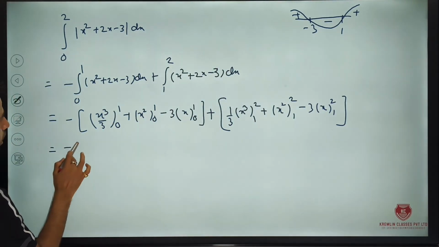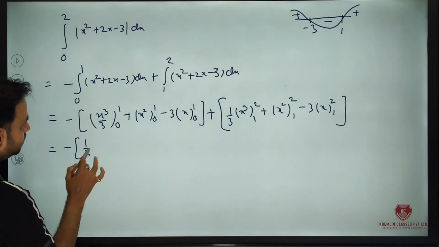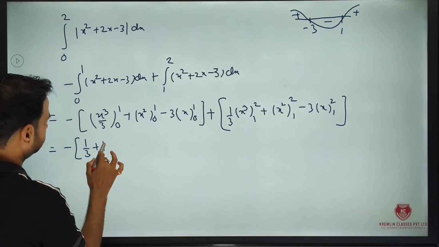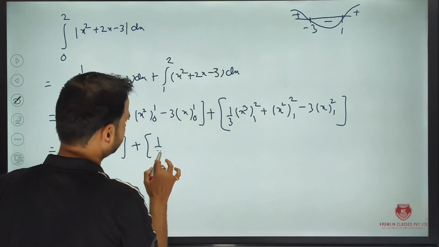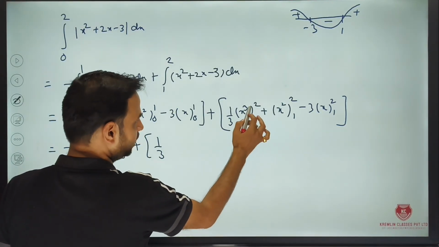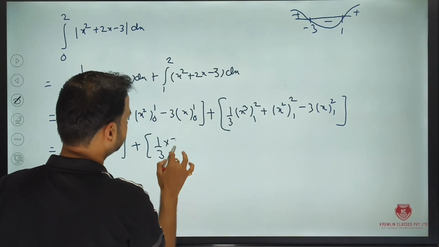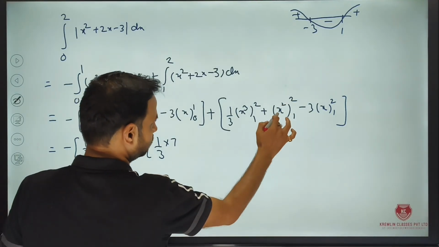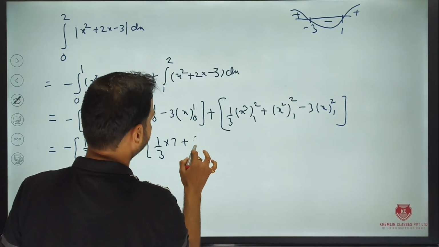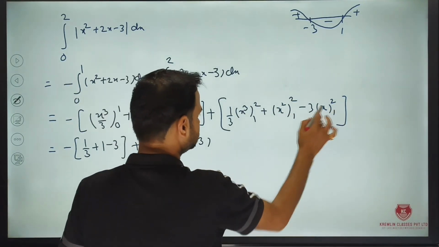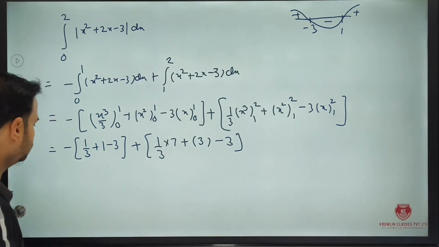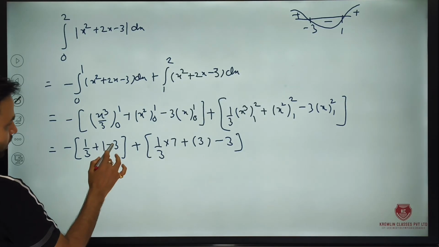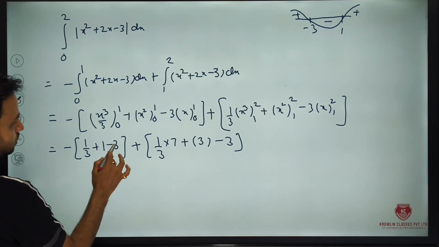Okay, so minus, this is 1 by 3 plus 1 minus 3 in the first bracket. In the second bracket, 1 by 3 times 2 cube, 8 minus 1, 7 by 3. Okay, 2 square is 4, 4 minus 1 is 3, and minus 3 only.